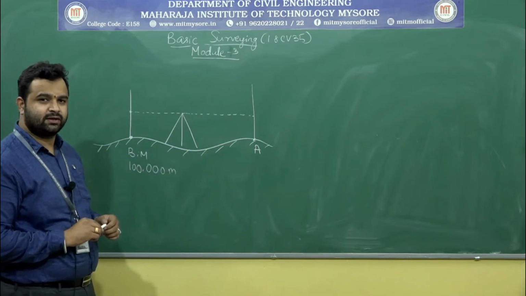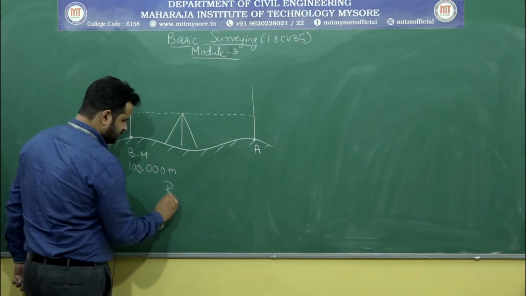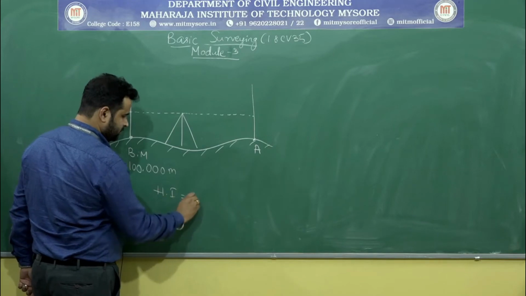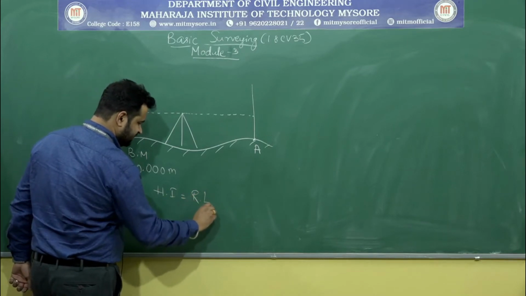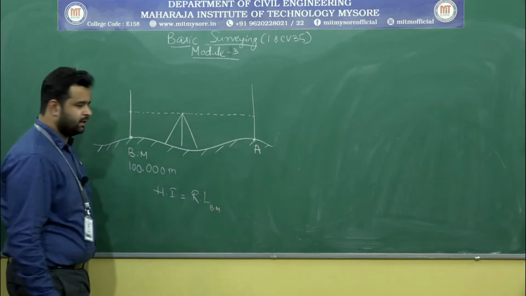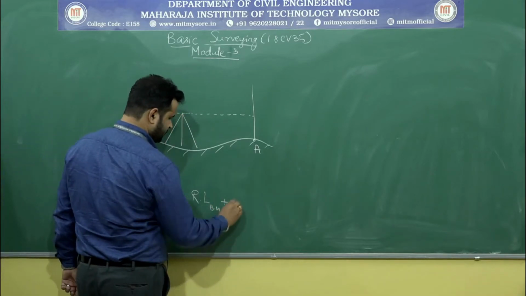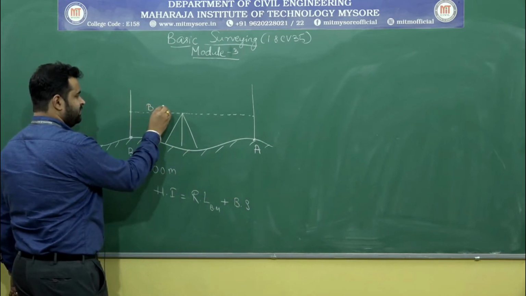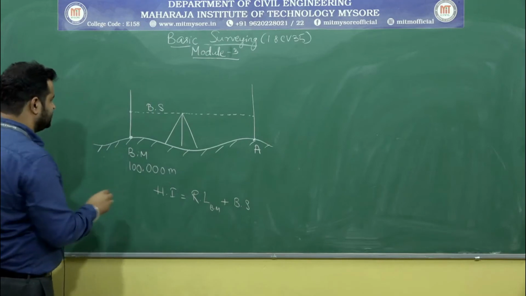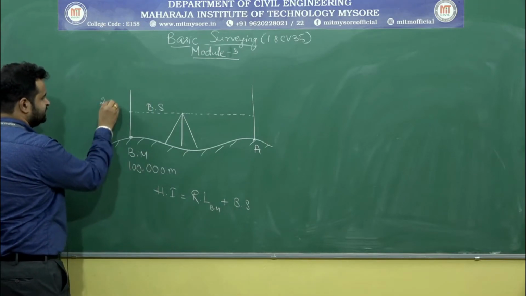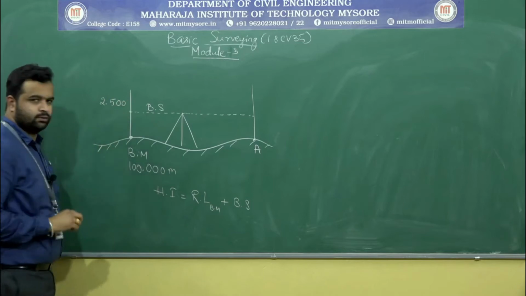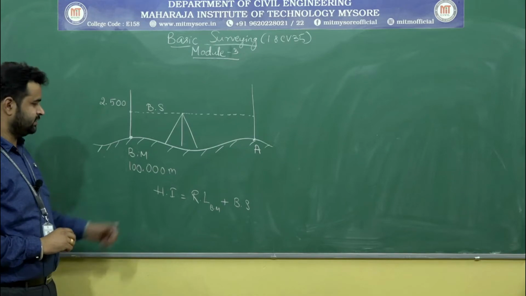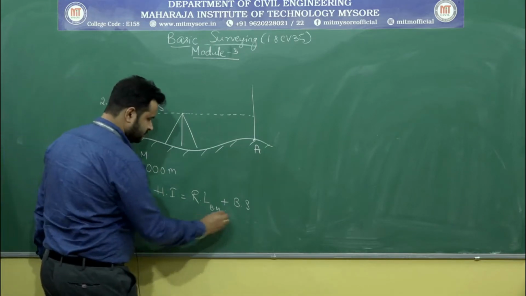So, how can you calculate it? HI is equal to RL of benchmark or the first point plus the back sight. Whatever you record here will be the back sight. Let us take the back sight reading as 2.500.